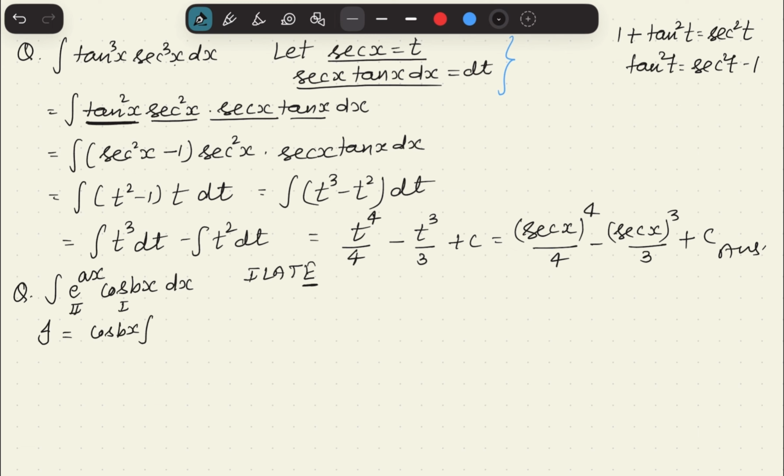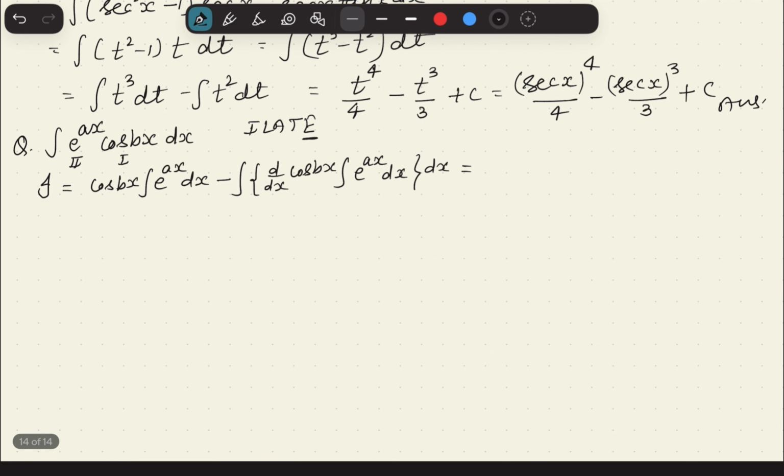So I is equal to cos bx integral of e to the power ax dx minus integral of d over dx of cos bx times integral of e to the power ax dx, dx. Now this is equal to cos bx e to the power ax upon a minus integration. So differentiation of cos bx is minus b sin bx.